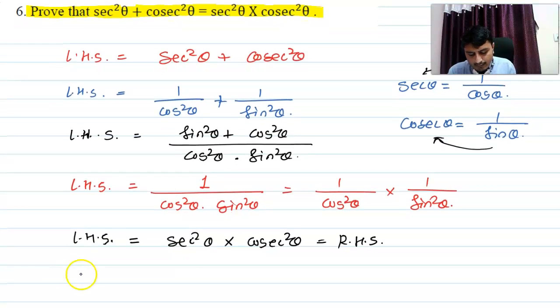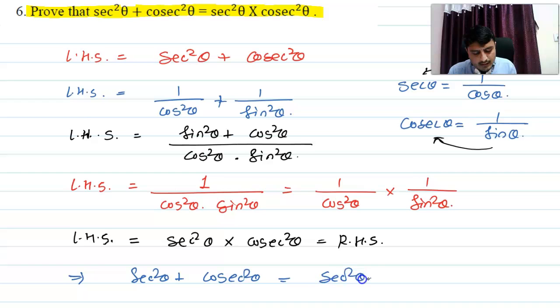So at the end we write sec square of theta plus cosec square of theta equals sec square of theta into cosec square of theta. Hence proved.